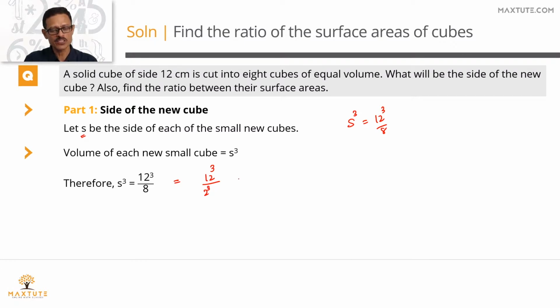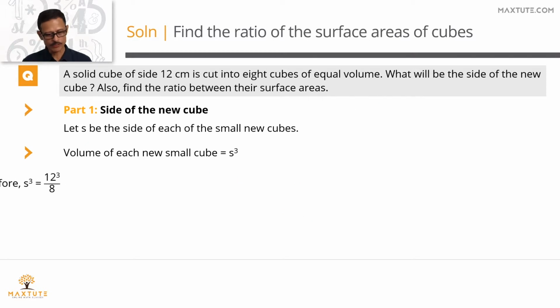So we can take the powers common and write S cube as 12 by 2 whole cube. Look at the benefit of not writing it as 1728 and keeping it as 12. We could bring this 2 in and have a common cube. So 12 by 2 is 6. So 6 cube is the measure of S cube. If S cube equals 6 cube, then S will be equal to 6. So the side of each new cube is equal to 6 centimeters.